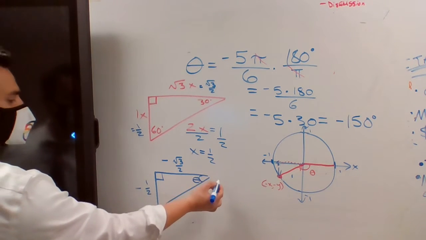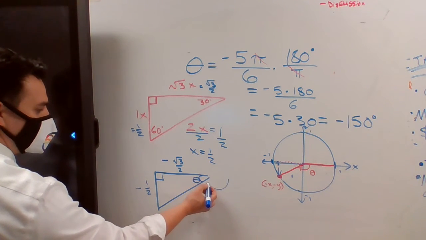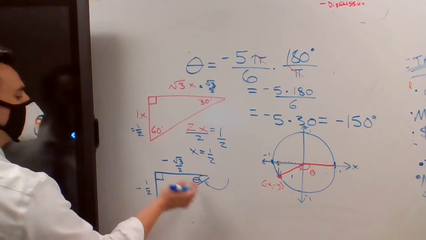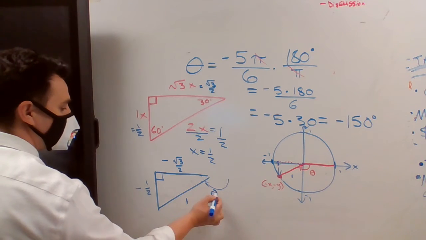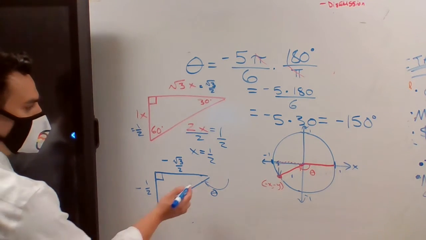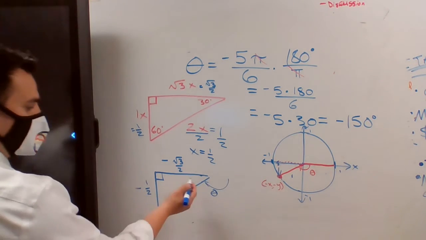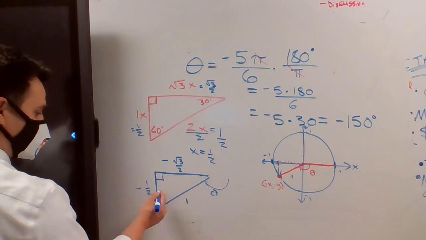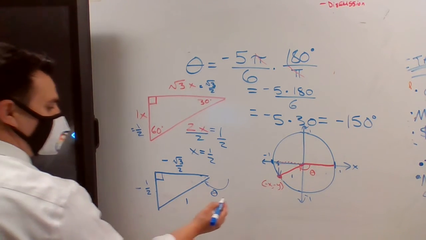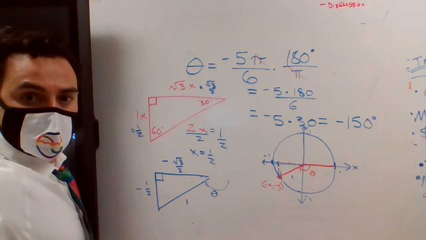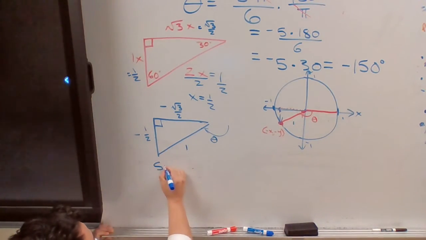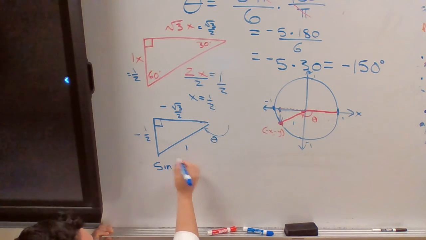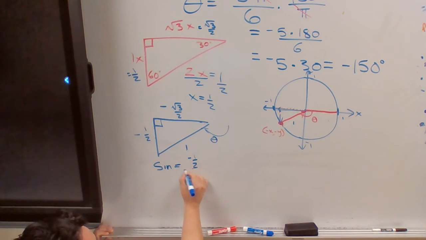What is sine of this theta? I guess theta is really this right here. But what is sine of this? It's going to be sine of negative 150 degrees, or it's going to be opposite over hypotenuse. Sine is going to be opposite over hypotenuse, or negative 1/2 divided by 1.